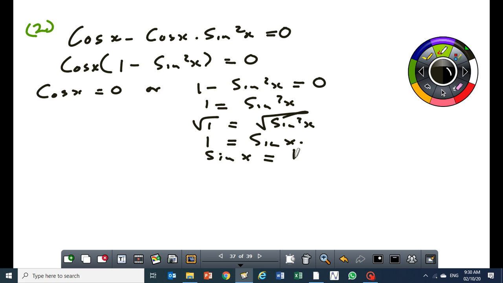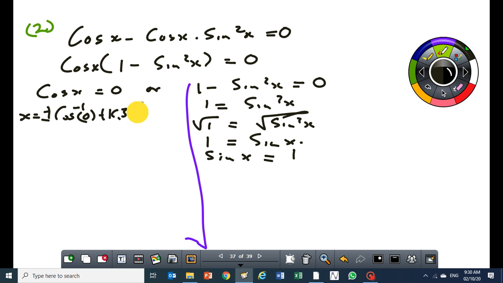Okay? So let's find the general solution of this equation, the general solution of that equation, plus the one for tan, which is on the right hand side. Okay? So here we have x equal to plus or minus shift cosine of 0 plus k times 360, where k is an integer. Okay? Remember, there's a plus or minus because cos is positive in the first and the fourth quadrant.